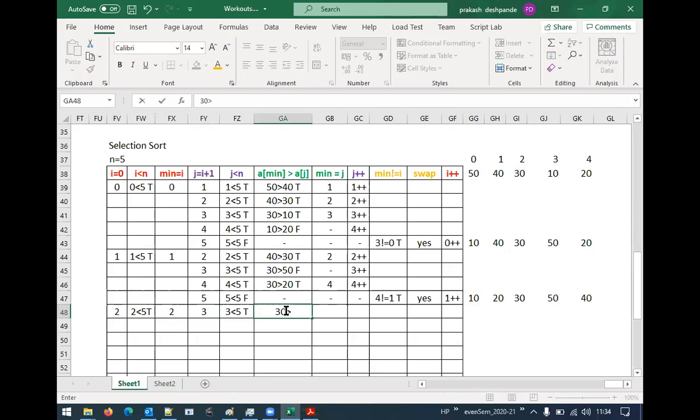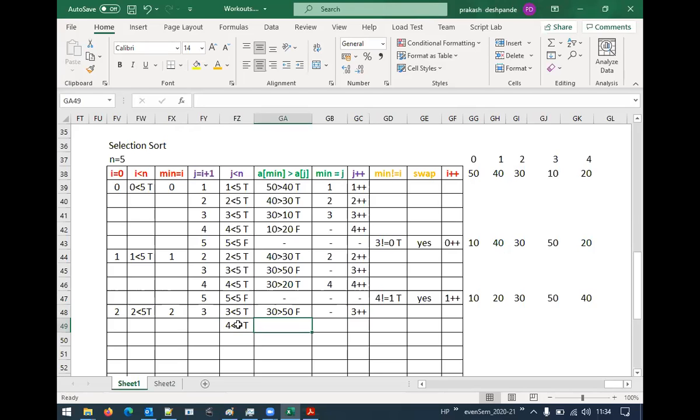30 greater than 50. Yes or no? Now, is it true? False. Right? So skip this. Then increment j, that is 3 plus plus. Now j becomes 4. 4 less than 5. Condition is true. Now, minimum. Min value is what? 3.